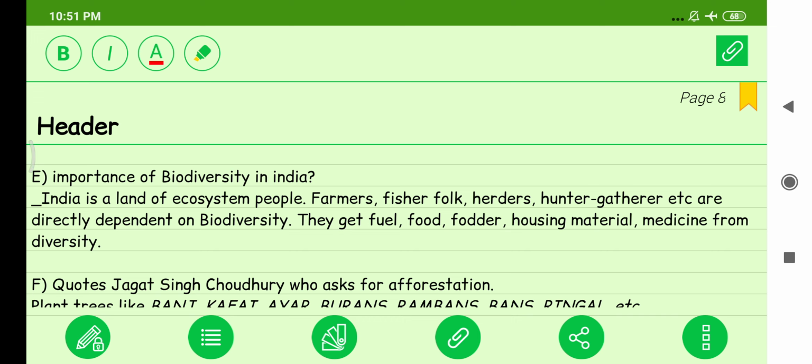And if biodiversity is weakened, or if it dies, or if it is interfered with, that means we are interfering with the lives of these ecosystem people of India. So if biodiversity is safe, these different people are safe. If biodiversity is at risk, the life of these different people is at risk.